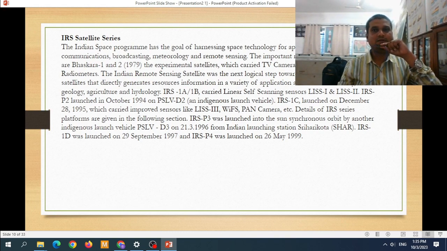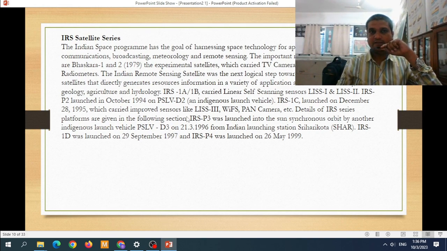Then the important milestone, the first Bhaskara 1 and Bhaskara 2 in 1979, experimental, which carried TV cameras and microwave. You have to remember which satellite is used for which particular service.